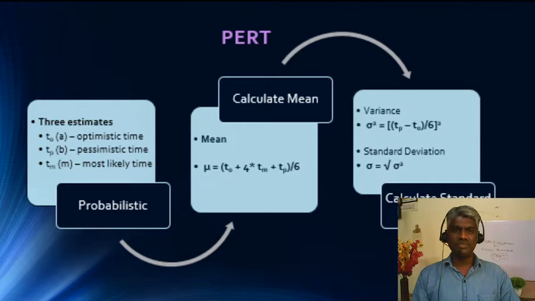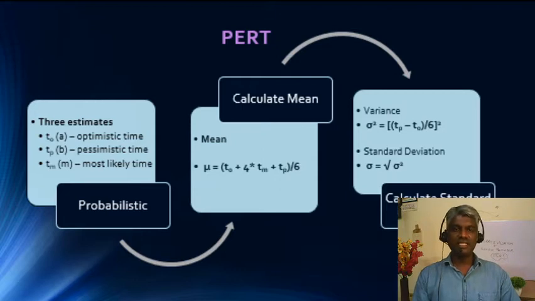That is pessimistic time. And the third one is most likely time, which is the time of completion of activities which are similar in nature. Maybe there is a similar activity somewhere else in another project, and we are going to take up that particular activity duration. So that is the most likely time.